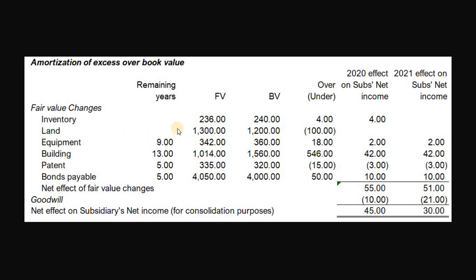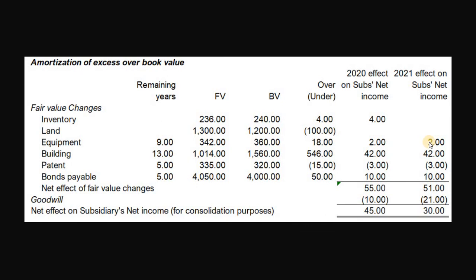And as of the end of 2021, through depreciation, we only amortized 4 pesos, which is 2 pesos in 2020 and another 2 pesos in 2021. So, for this reason, there is a remaining unamortized difference of 14 pesos, which is 18 less 2 pesos and less 2 pesos.